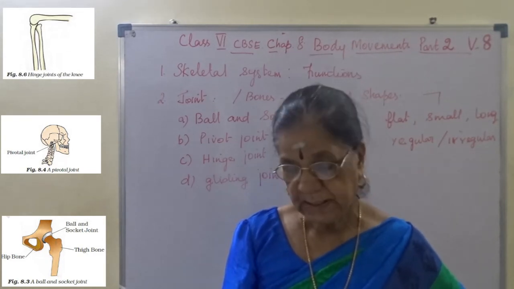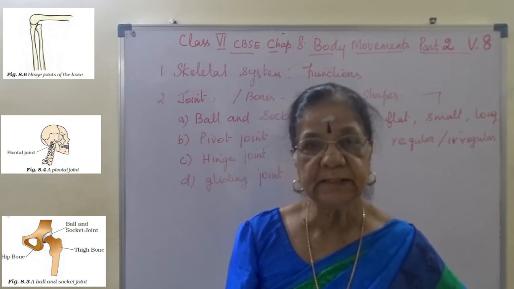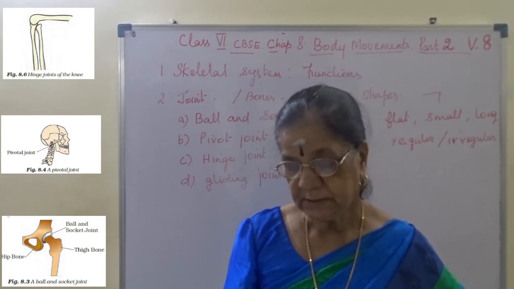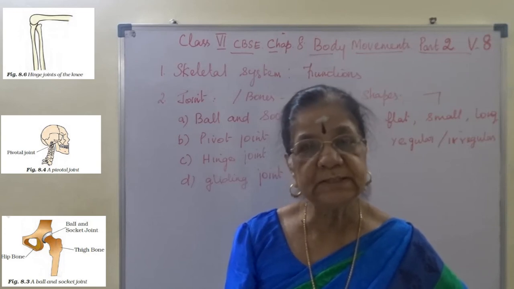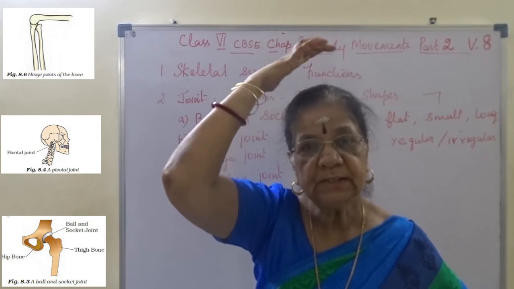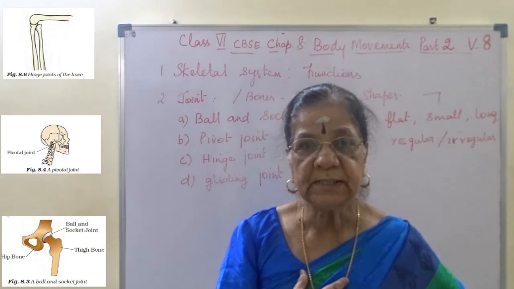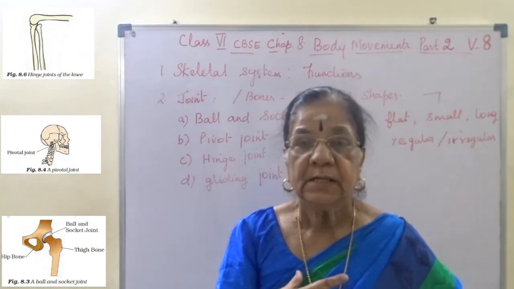Second, protection. It protects many vital internal organs like the brain, heart and lungs. The brain is protected by the skull, the cranium or brain box, whereas the heart and lungs are protected by the rib cage.